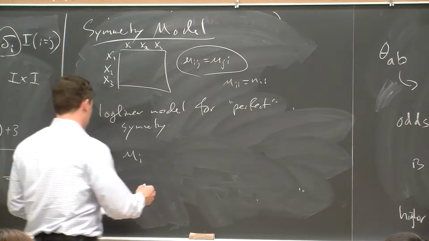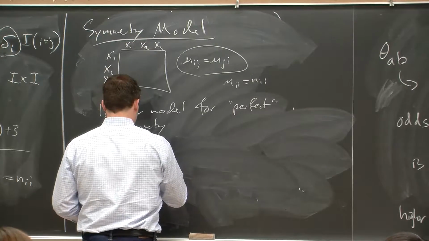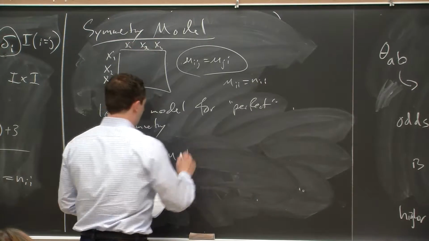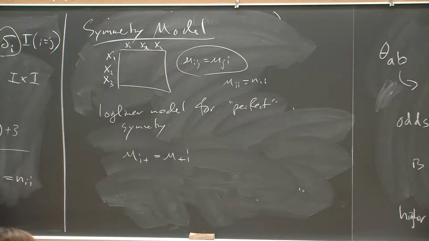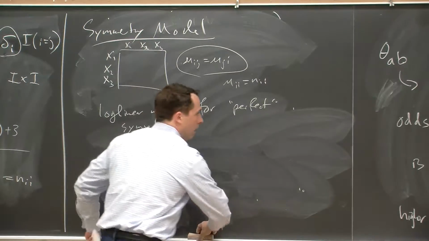And the marginals should also be equal. So if it's symmetric, we expect that there's also, in particular, marginal homogeneity. Each of the marginals have to be the same if the table is perfectly symmetric. So what does the model look like?